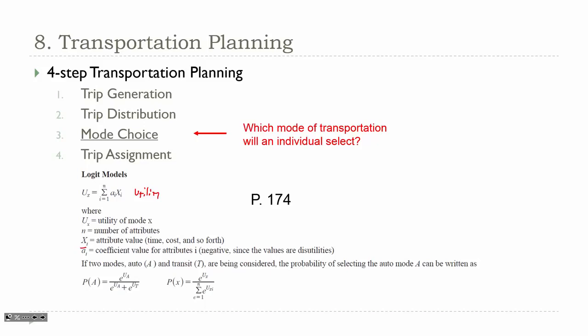X here is the attribute, could be travel time, cost, or others. Once you calculate the utility of the auto, the utility of the bus, and the utility of walking, whatever parameters you have, those U's get plugged in to this equation to calculate the percentage of the population that's going to be taking each one.